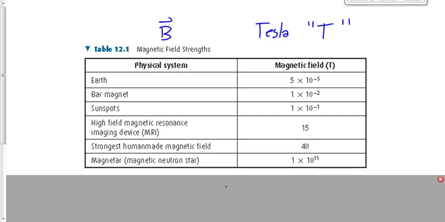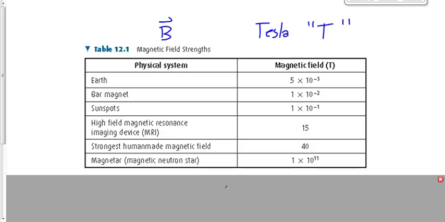It has a magnetic field of about, give or take a little bit, 10 to the 11 Tesla. That's 10 to the 16 times the strength of the Earth's magnetic field. I don't know this for a fact, but I would guess that the magnetic field surrounding a magnetic neutron star is strong enough to literally suck the iron out of your blood.